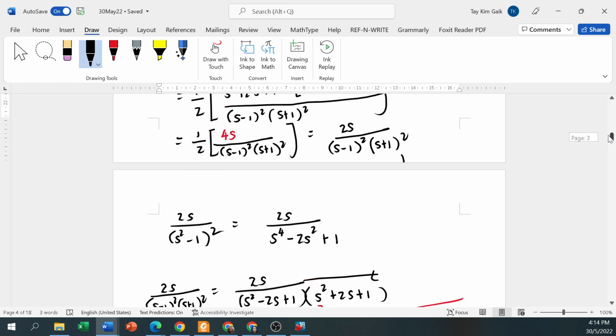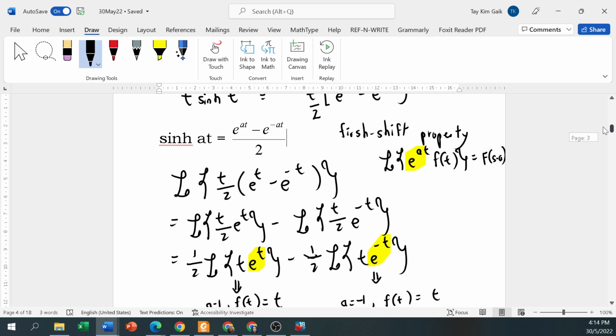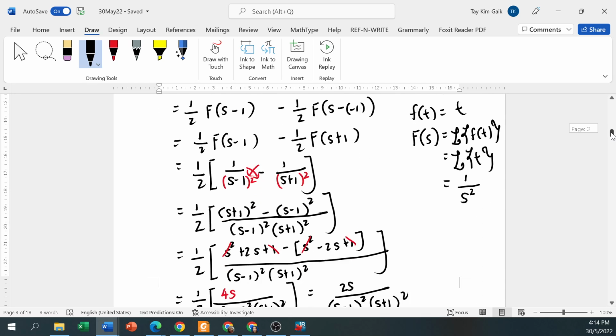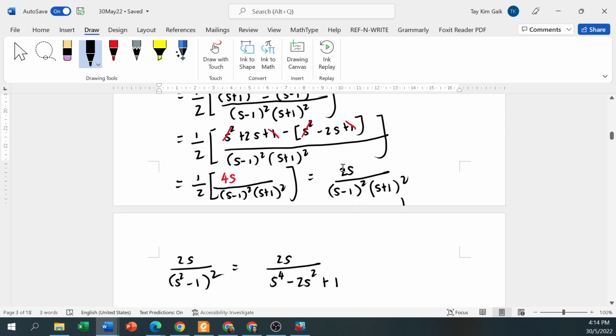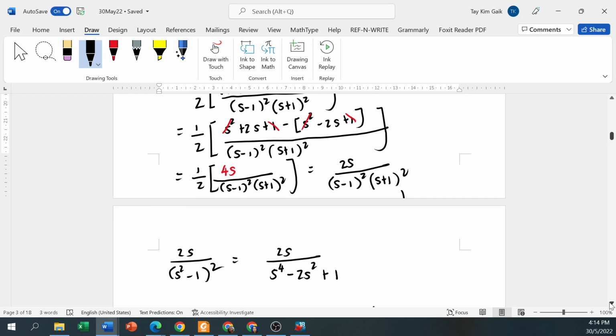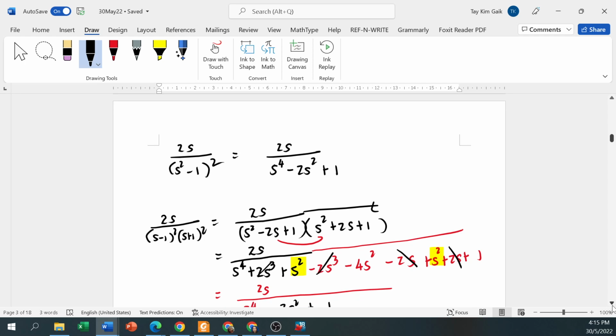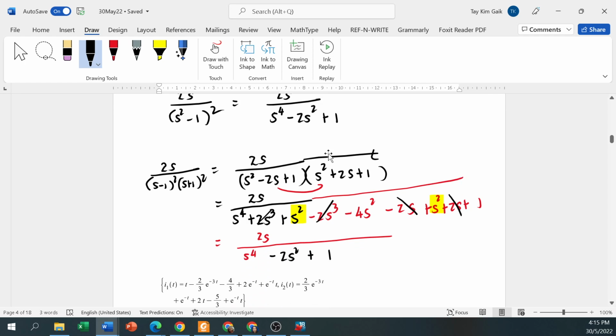I solved it using the first shift property by expanding sinh into exponent t minus exponent negative t. If I didn't expand it, I will leave the answer as 2s over (s minus 1) squared times (s plus 1) squared. If we expand the answer from solving using the linearity property, we get the same answer.